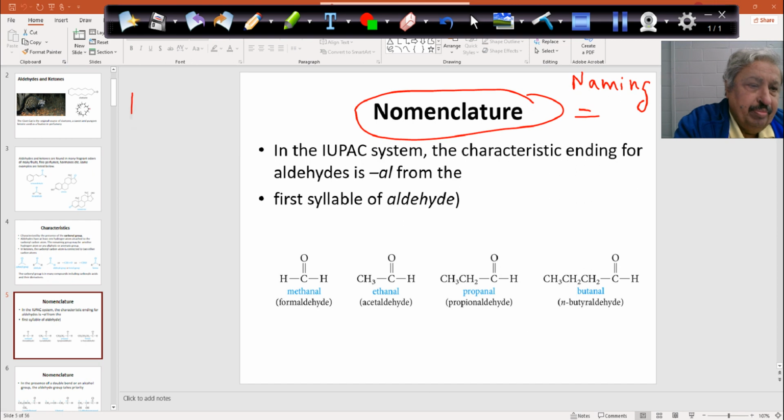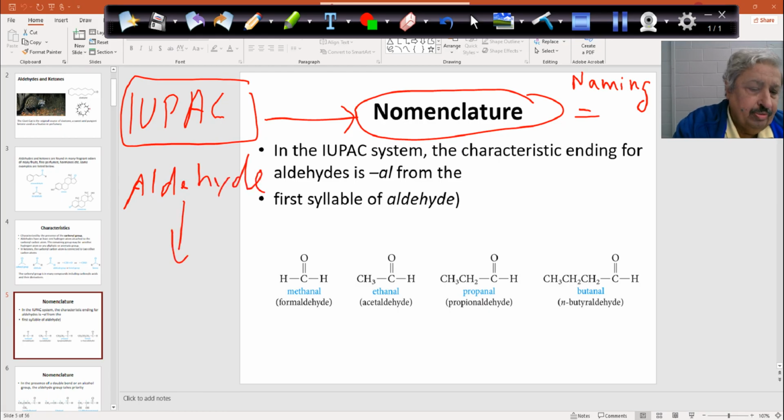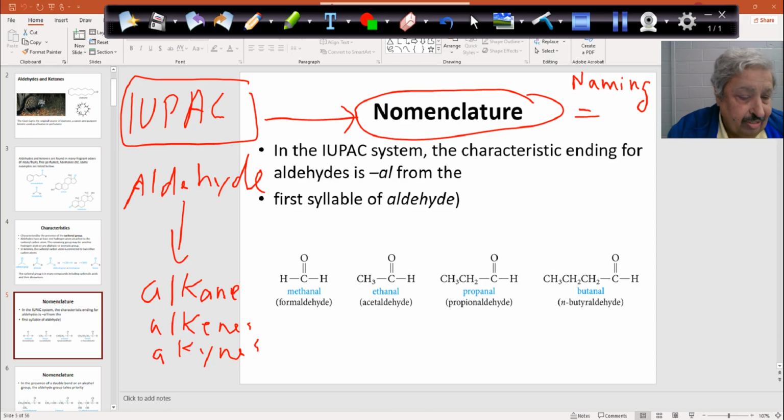Now the IUPAC naming for the aldehydes: always you put the alkane, or alkenes, or alkynes, and you get rid of the E at the end.